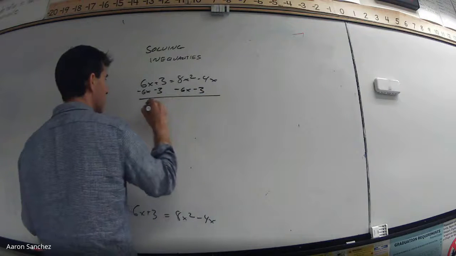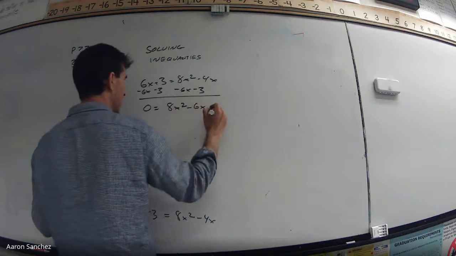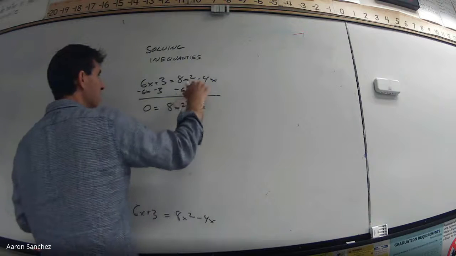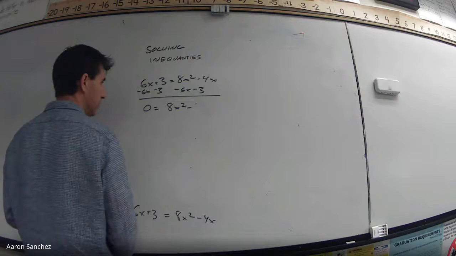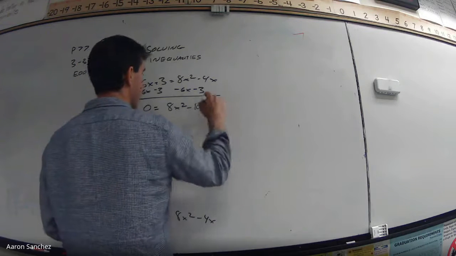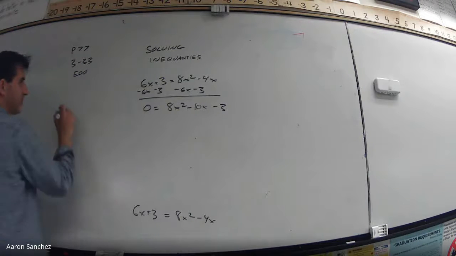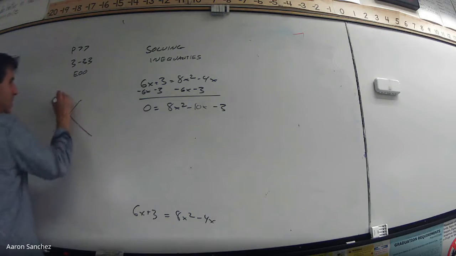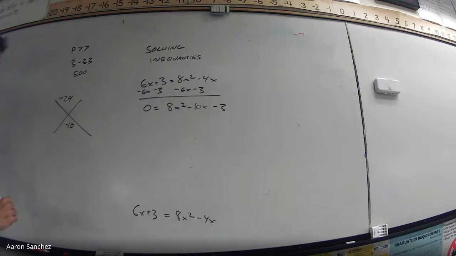And so this is going to be 0 equals 8x squared minus 6x minus 4x, which is negative 10x, minus 3. And I don't think this is factorable. Is it? Negative 24, negative 10. Oh, yeah. Wait. What times what equals negative 24 and adds to negative 10?